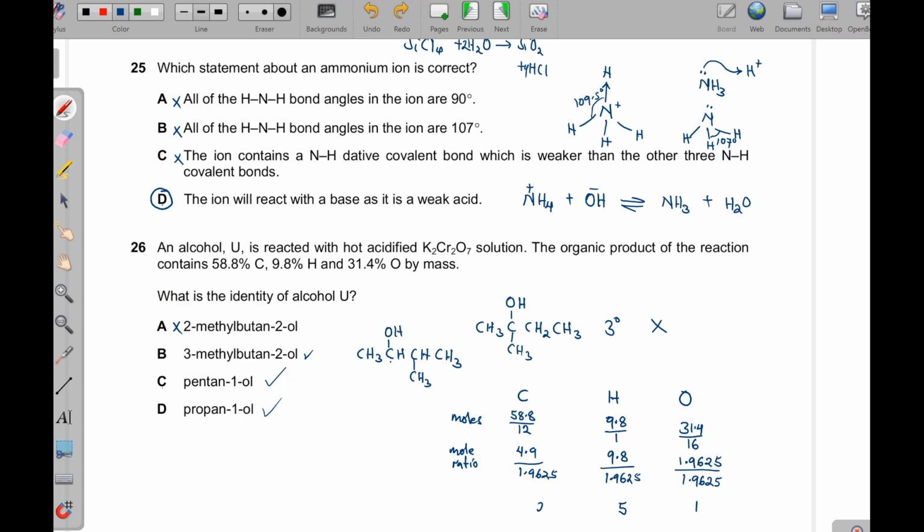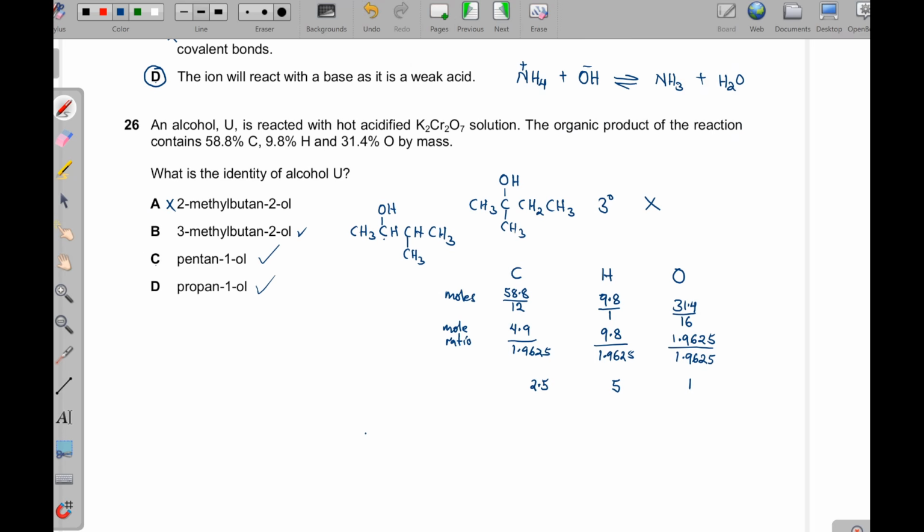If this one is 2.5, remember empirical formula is the simplest whole number ratio for the number of atoms that are present in a compound. You see that? So we shall multiply them by 2 to get the whole numbers, because you are not going to have 2.5. We said simplest whole number ratio.